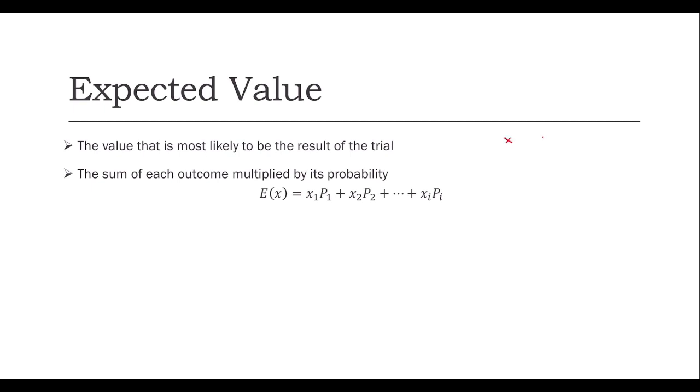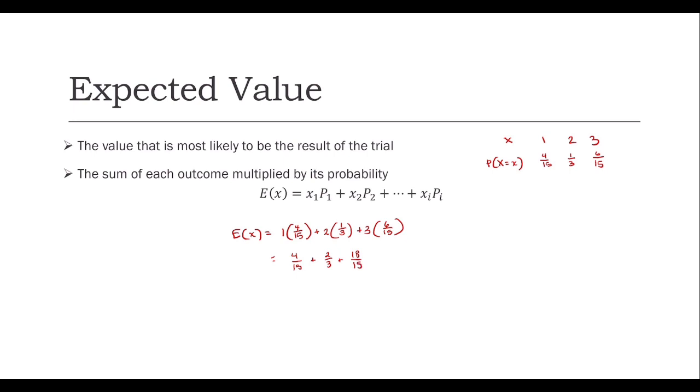So if we had x being 1, 2, and 3, and the probabilities are 4/15, 1/3, and 6/15, like on the previous slide, our expected value, E of x, would equal 1 times 4/15, plus 2 times 1/3, plus 3 times 6/15. So this is 4/15 plus 2/3 plus 18/15.